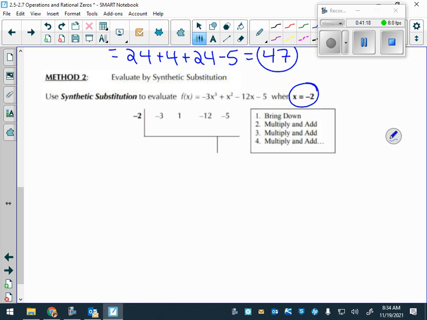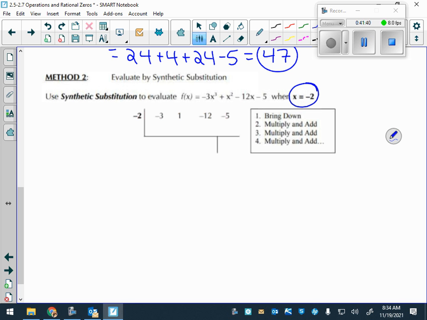That goes on the outside of this L-looking shape. Then what we line up are the coefficients. So negative 3x cubed, we eliminate the x's right now, and we just have negative 3. Then we have 1, negative 12, and negative 5. Do you guys see that?